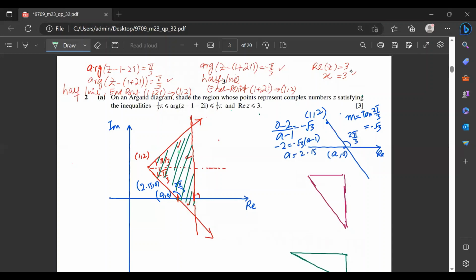If we take this point, this is the argument of z. But this is the point in the region whose argument is least, not this one, not this one, but here.